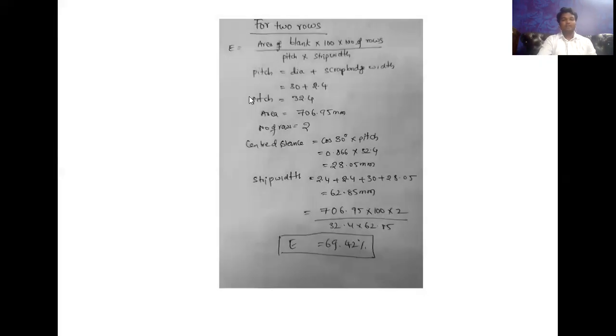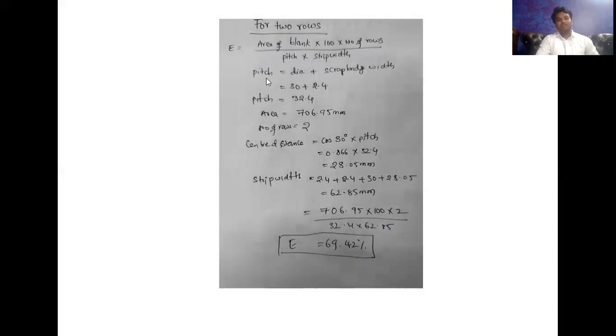To calculate the economy factor for the double row, let us see the calculations. Economy factor, taken as capital E, is area of the blank into 100 into number of rows, divided by pitch into strip width.